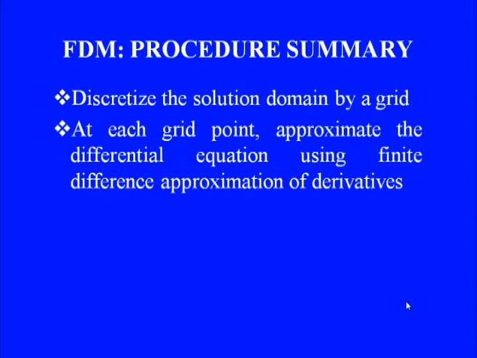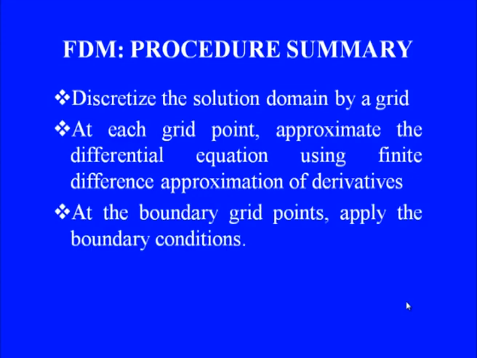Let's have a review of the FDM procedure which we discussed right in the beginning. We need to describe the domain by a grid. That would be our first step. Same thing we should translate into our computer implementation as well. And at each grid point we have to approximate our differential equation using finite difference approximation of derivatives. So this has to be translated into a code segment which gives us the appropriate matrix elements and the right hand side vector coefficients.